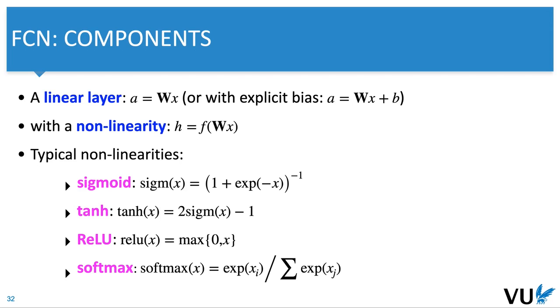Here we have the exponential of x divided by the sum of all other exponentials. This gives us probabilities. For every given output, the outputs will sum to 1, and this is good for cases when we classify into multiple classes.